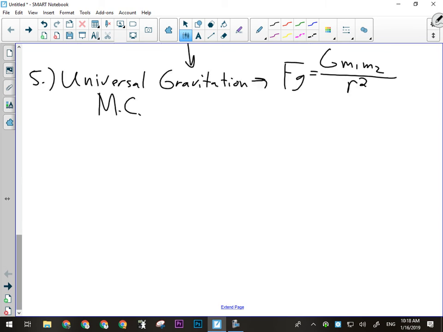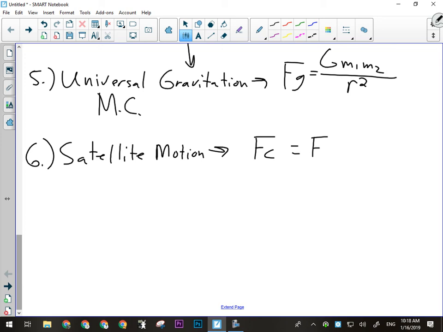After universal gravitation, we talked about satellite motion, where the centripetal force is provided by the force of gravity. That could be mv squared over r equals big G times m1 times m2 over r squared.